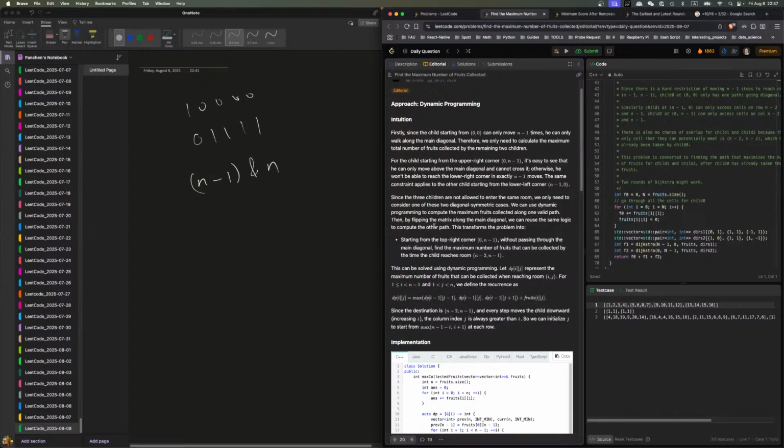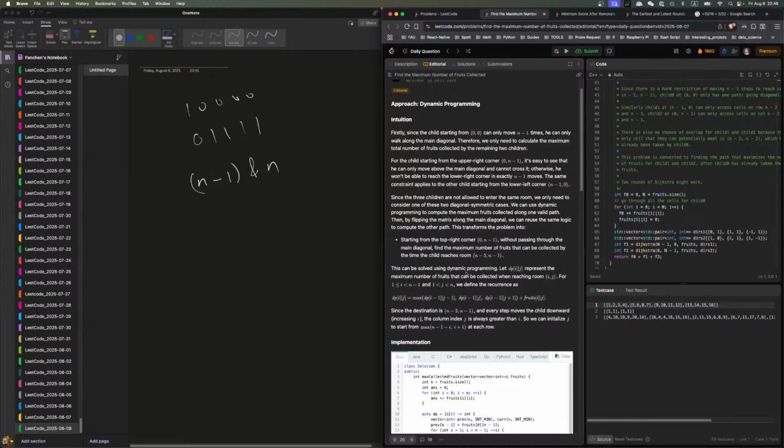We can use dp to compute the maximum fruits collected along one valid path, and by flipping the matrix along the main diagonal, we can reuse the same logic to compute the other path. This transforms the problem into start from the top right corner without passing through the main diagonal. Find the maximum number of fruit that can be collected by the time the child reaches room n minus 2, n minus 1.